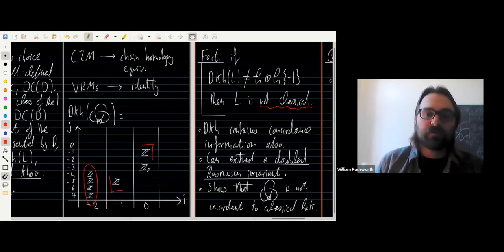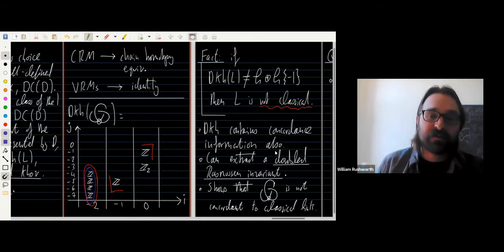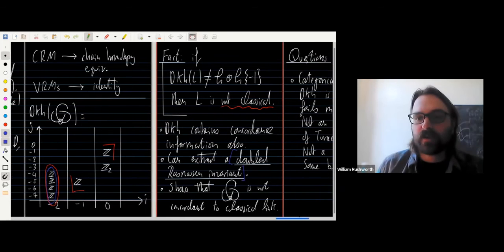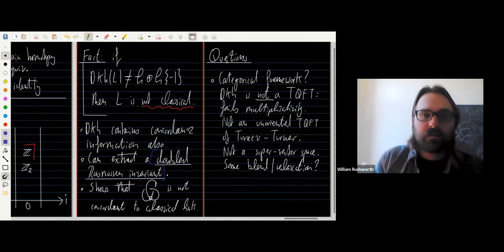And I should point out that this wackiness, this stack of 4 Zs on top of itself, actually represents the doubled Rasmussen invariant. Okay, so I'm going to finish with a couple of questions that I think are very interesting about the setup.